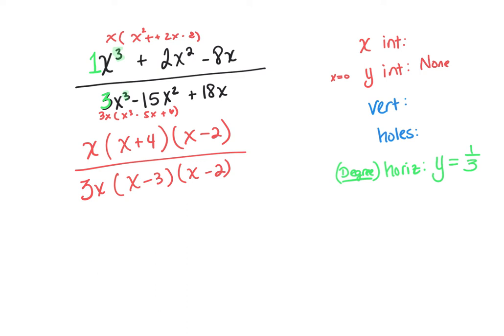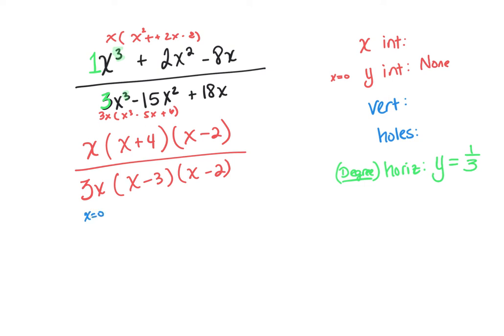All right, so at this point, I'm going to start seeing my holes and my vertical asymptotes, and the very last thing I'm going to do is X-intercept, okay? So out of all the things on the bottom, I have to start seeing, does it cancel, does it not? That helps me determine what type of discontinuity I have, okay? So the 3x, that is when x is 0, right?